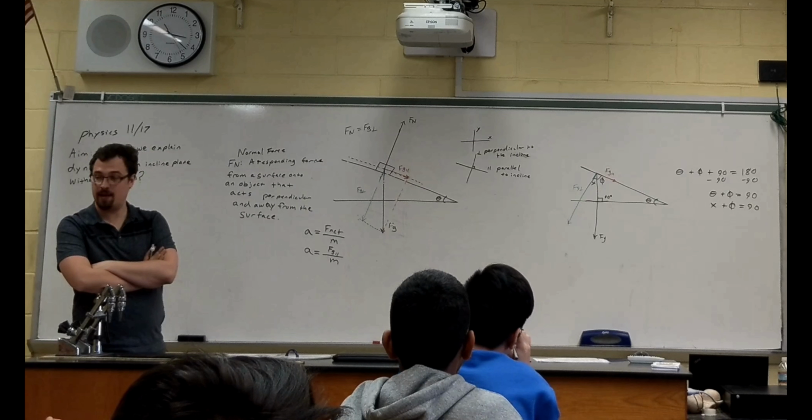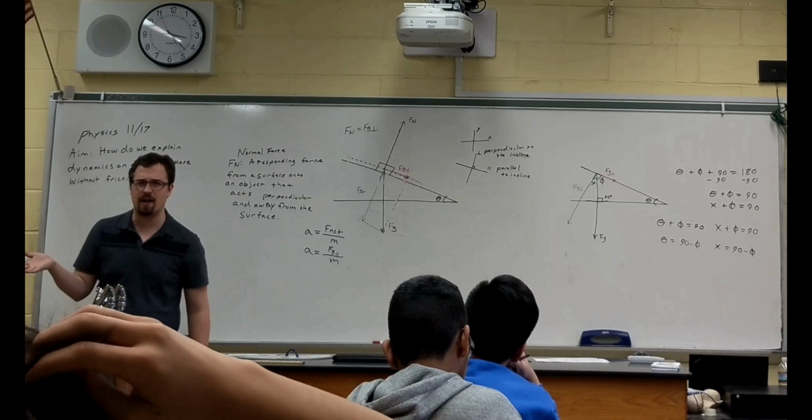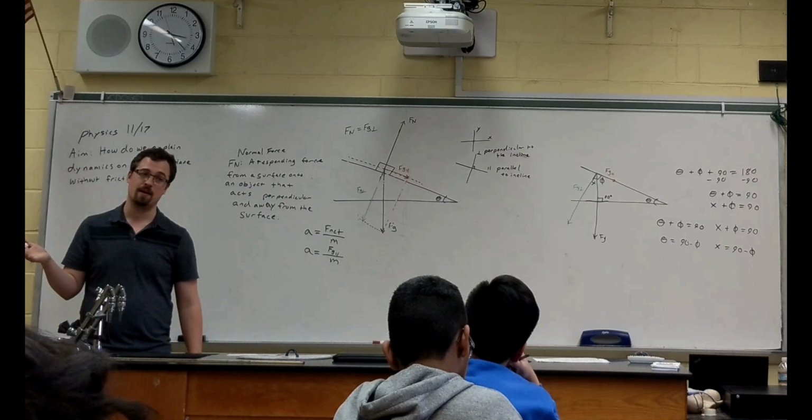So theta equals 90 minus phi, and x equals 90 minus phi. If theta equals 90 minus phi, and x equals 90 minus phi, theta equals x. So with that geometric relationship, if this is theta, then the angle up here between the perpendicular and the weight is also theta. And that's critical for us to do the next step.